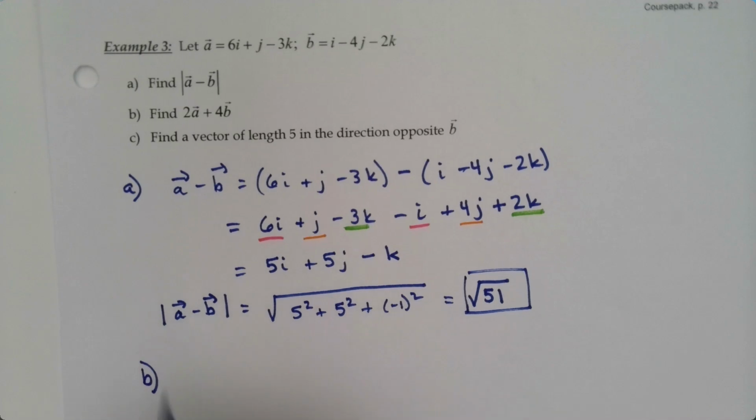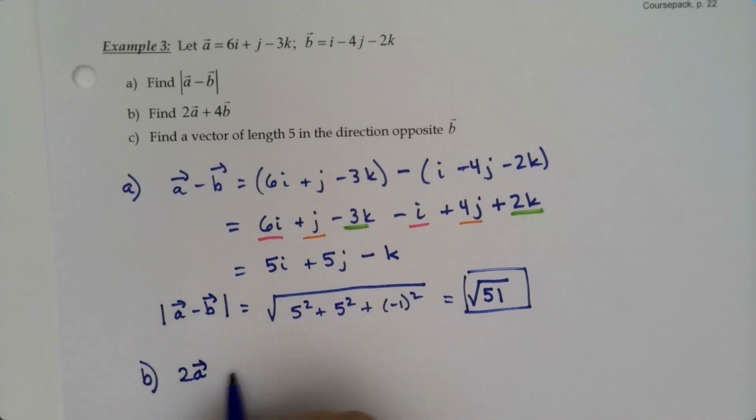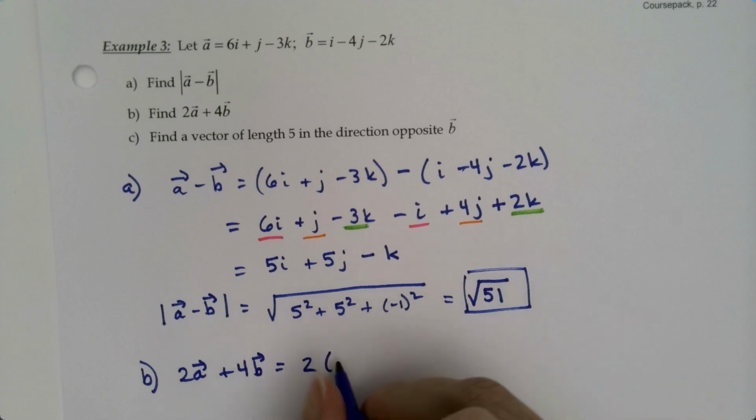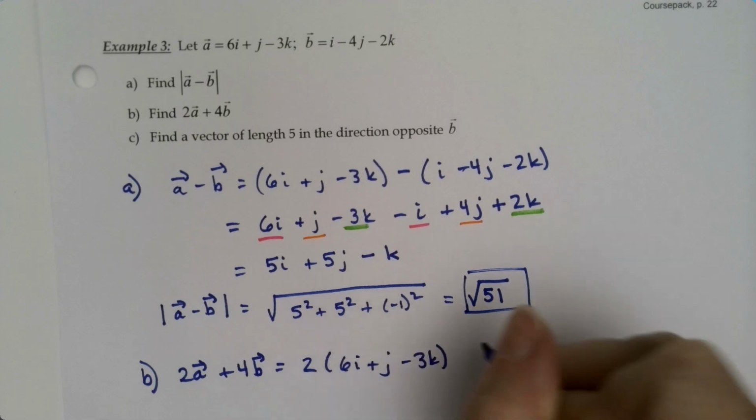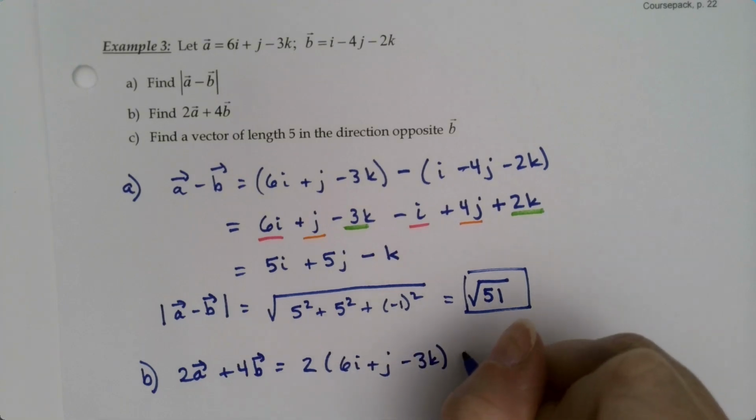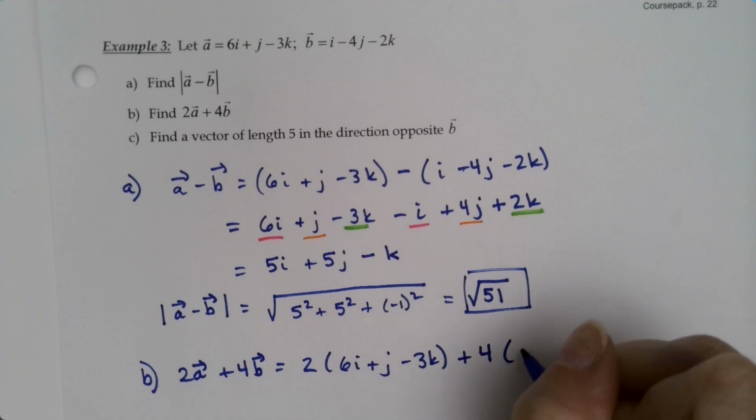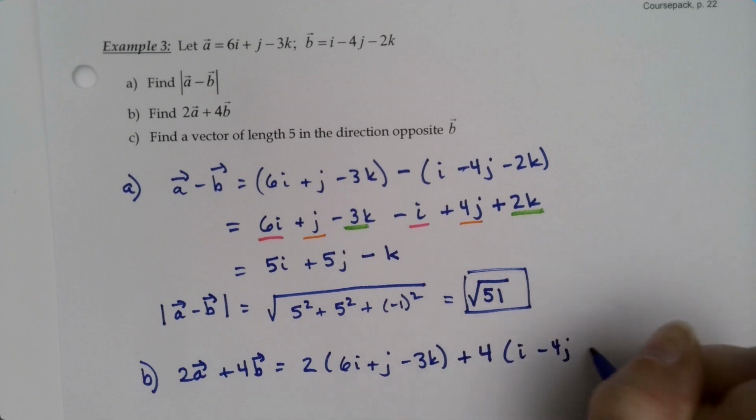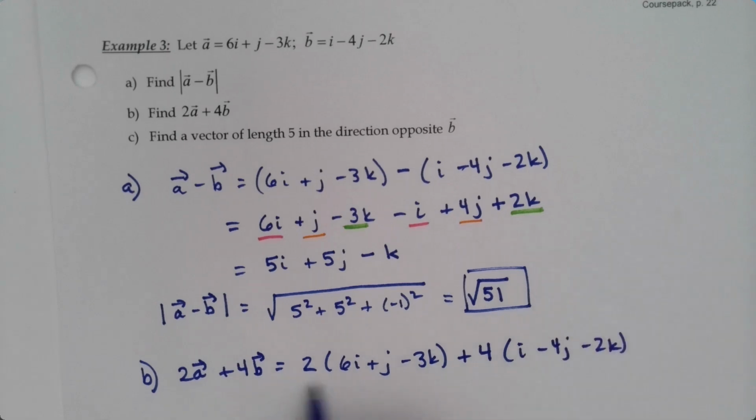Now for B, they want us to take 2A plus 4B. So that means we take 2 times 6i plus j minus 3k, and then we add 4 times i minus 4j minus 2k. Okay, so we start with distributing, just like we would if this was an algebra problem.